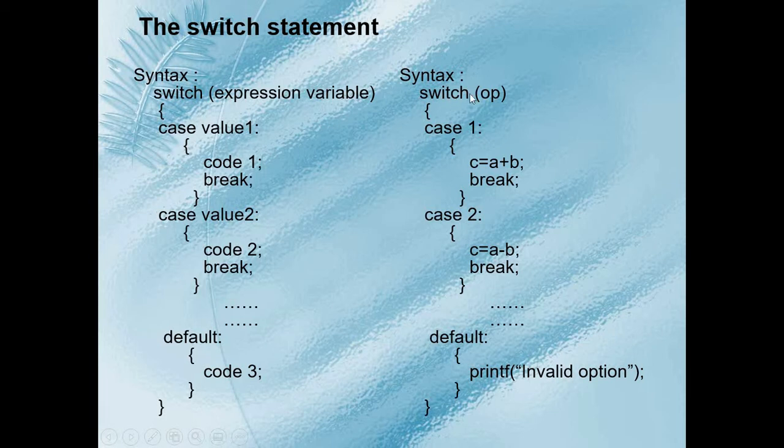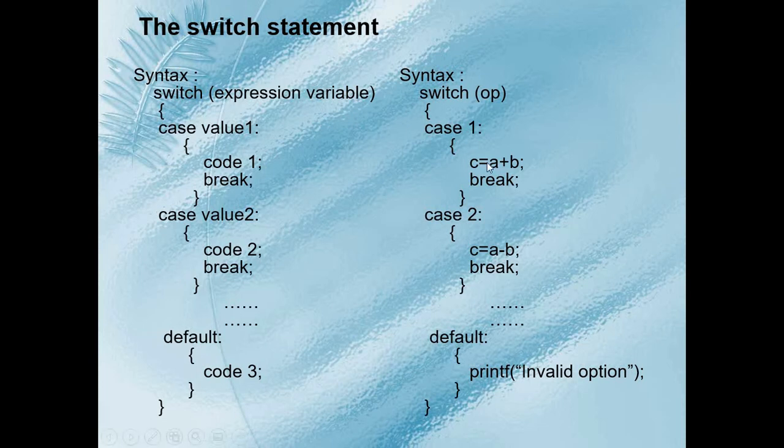So here we have switch OP, that is the option selected by the user, and here we have different case blocks with the values 1, 2 and so on. So these numbers 1, 2, 3, 4 and so on we are using to select the operation which the user wants to select. 1 for addition, 2 for subtraction, 3 for multiplication and so on.